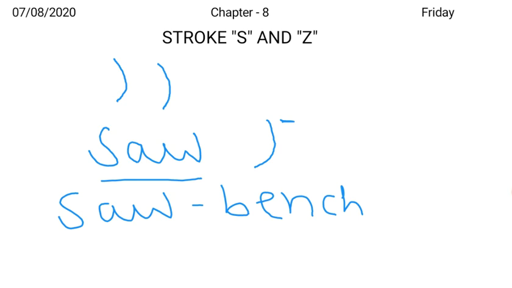In the root word saw, we have written stroke S, and that should be retained in the compound word also. So for saw you write stroke S, and for that add B, N, and Ch. You should not write circle S before B, N, and Ch.